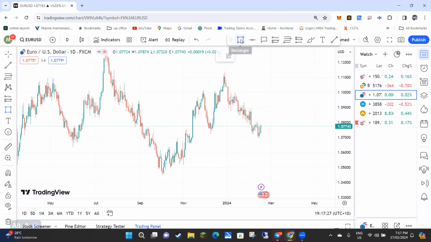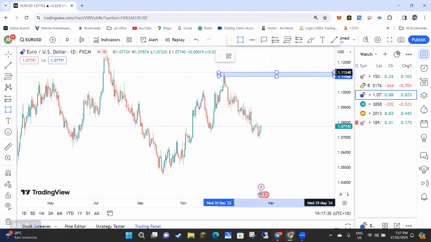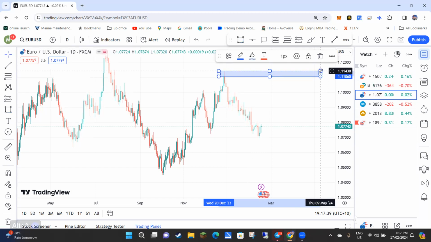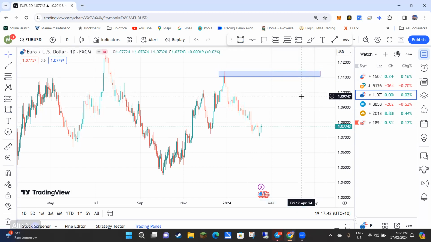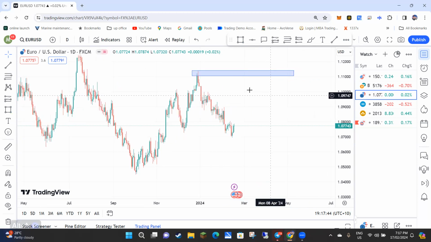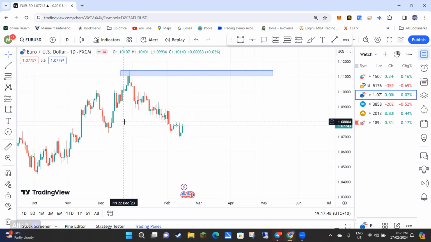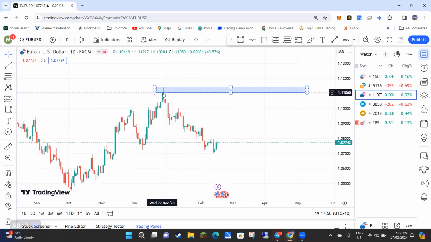But we've got this little box here. This is how I draw a shaded box. And we won't worry about being too accurate right now, but all I've done here is I've drawn the box from the top of the main body of the candle, and I've drawn it right up to the top of the wick.